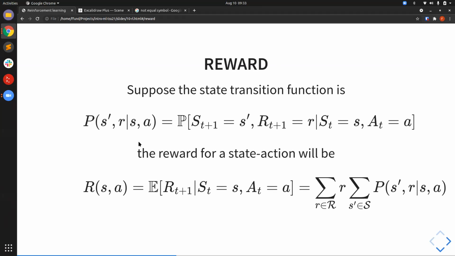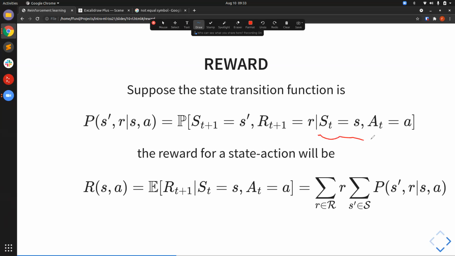So we have some state transition function that tells us, given that we're in state S and we take action A, then we have some probabilistic reward and some probabilistic state transition. So with some probability, the state transition function tells us what our next state is and what our reward is for that state action pair.